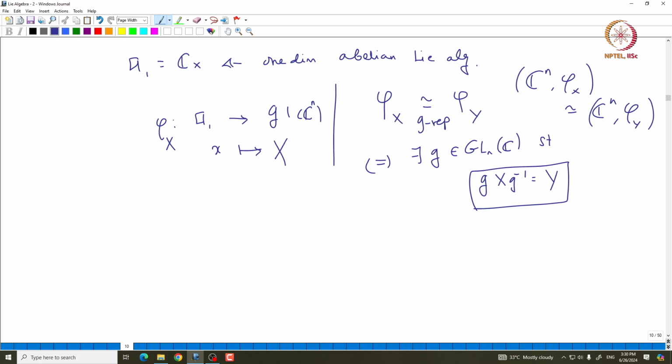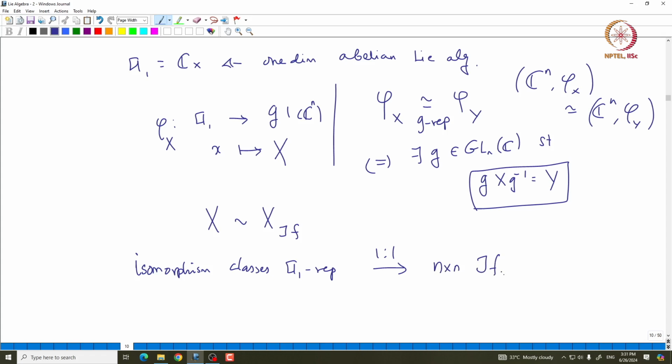So, up to this isomorphism one can conjugate X to the Jordan form of X. This tells us that the isomorphism classes of A1 representations are in one-to-one correspondence with the n by n Jordan forms.